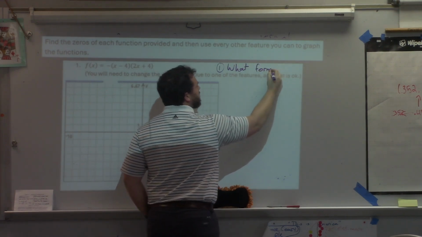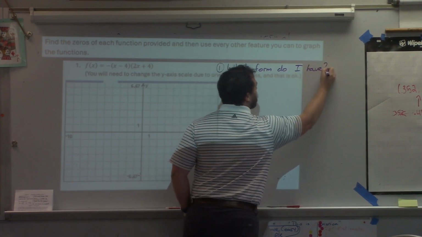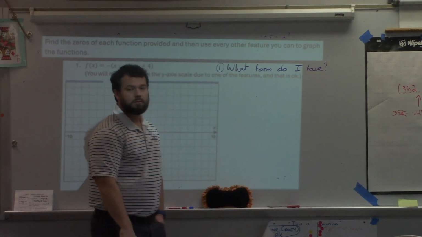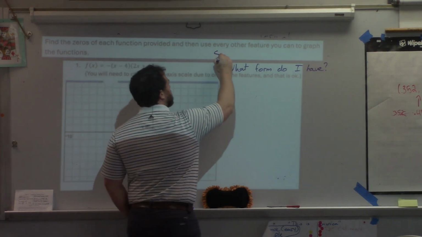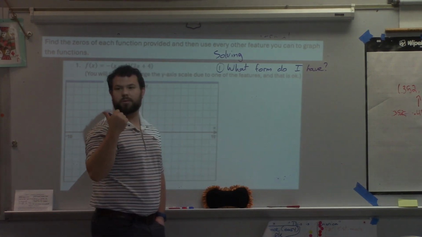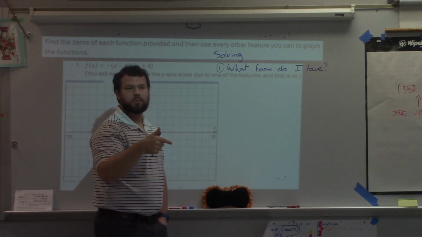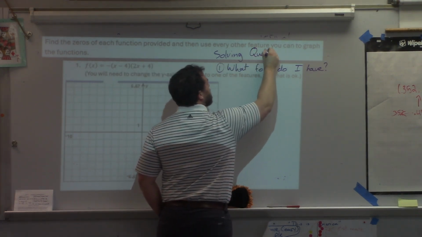Why is that so important from the beginning? To know what steps to take. Guys, are you going to use the same steps when you have factored form as when you have vertex form? No. You got to know, what form do I have?